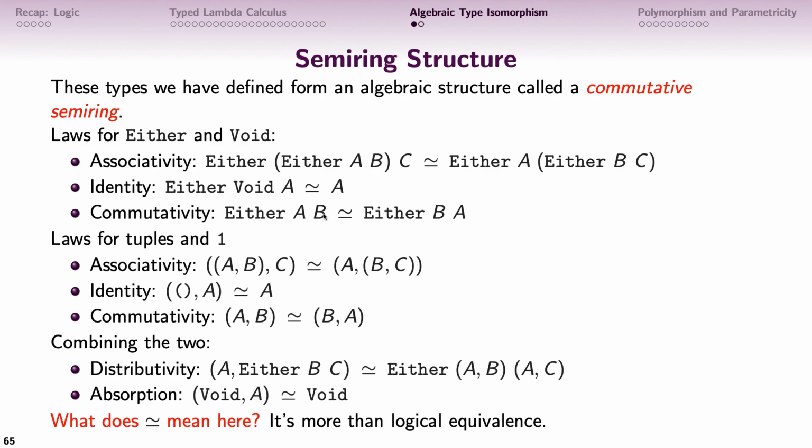That's equivalent to just unit. But either unit has two values. It has left unit and right unit, whereas just unit by itself has only one value. So if I translated from either unit into unit, I would lose some information.